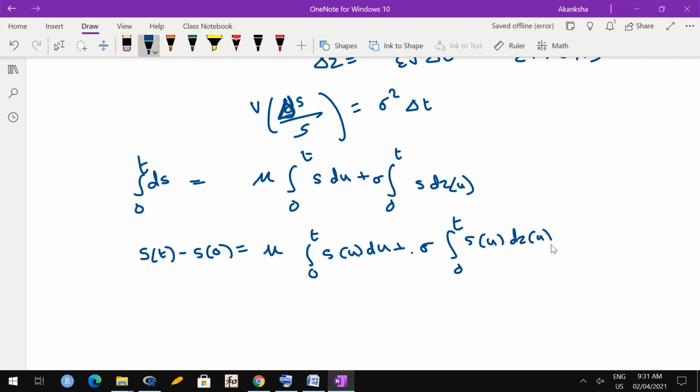This is known as the integral representation of the Black-Scholes model.